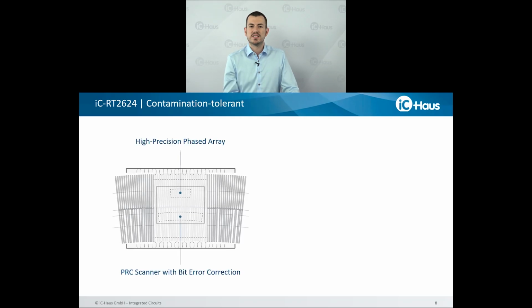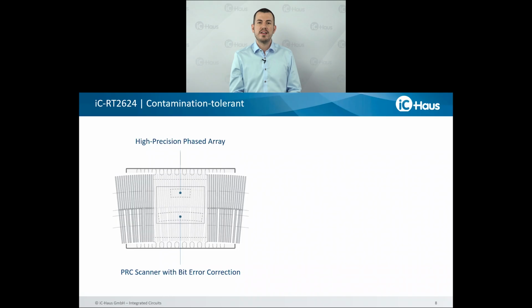Here you can see the code disk moving above the sensor window. It consists of the upper high precision phased array that is there for the high resolution and to provide the high accuracy. So this is the analog front end, so to speak, and the bottom area here is the pseudo-random code scanner that provides this coarse absolute position, and it incorporates a real-time bit error correction.